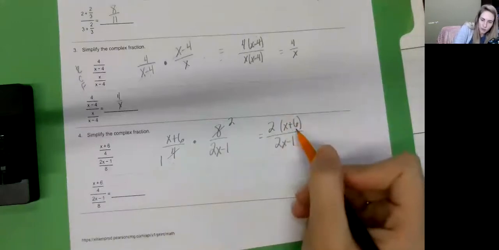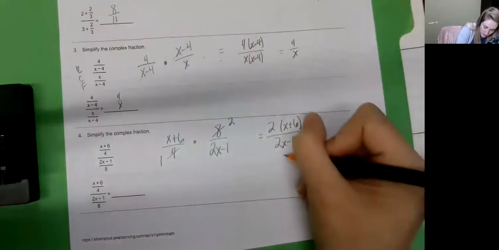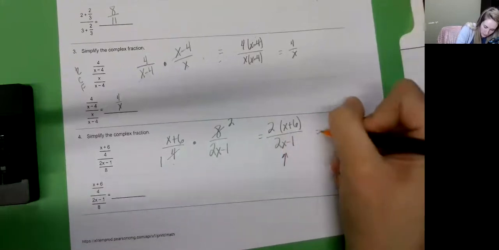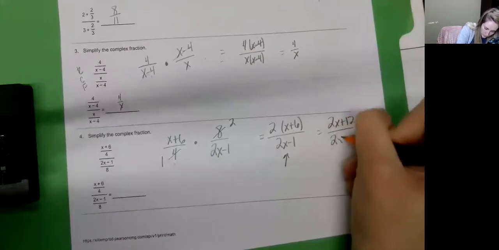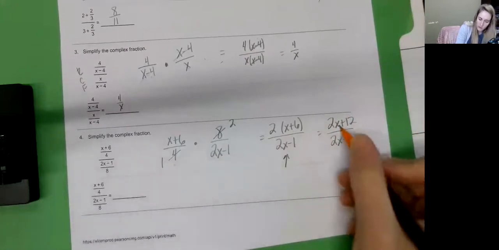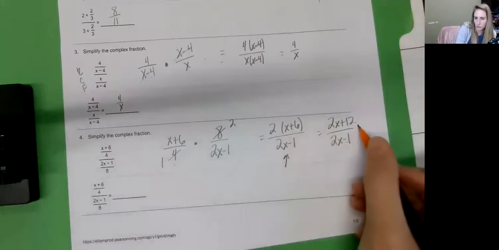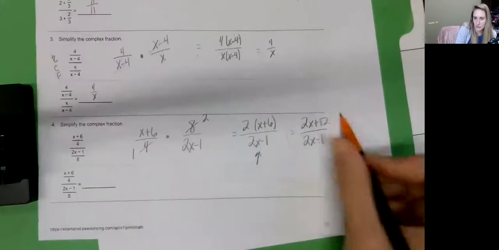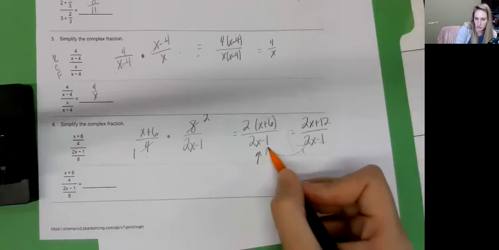I don't know if they're going to want you to leave it like this or distribute this. So you could either take this answer, or it could be 2x plus 12 over 2x minus 1. But these 2x's will not cancel out because this has subtract 1 and plus 12. So this is it. So it could be either one of these answers. I'd try this one first.